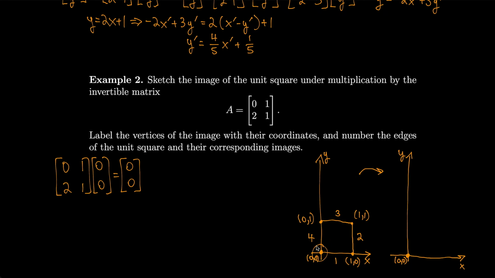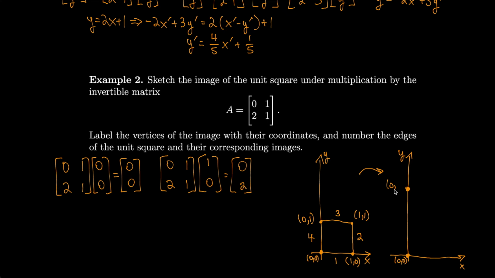We figured out that (0, 0) goes to (0, 0). Let's see what (1, 0) goes to. So I'll take [0 1; 2 1] and multiply that by (1, 0). And I'll get (0, 2). So it moves all the way up over here.